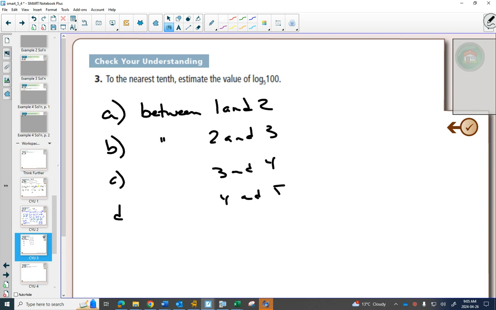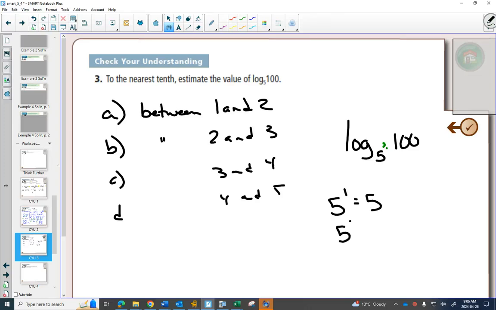So again, we have to think, well, what do logs do? They solve for exponents. So I imagine a little question mark there, and I say 5 to what exponent would be close to 100? And I go to my powers chart and say, which ones do I know? Obviously, I know 5 to the 1 is 5.